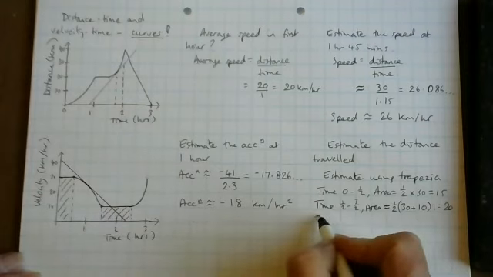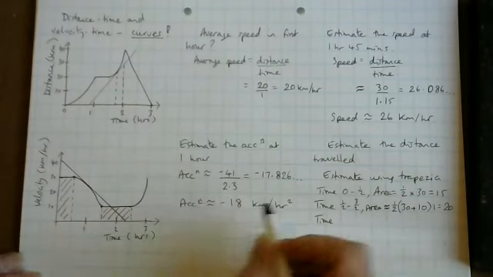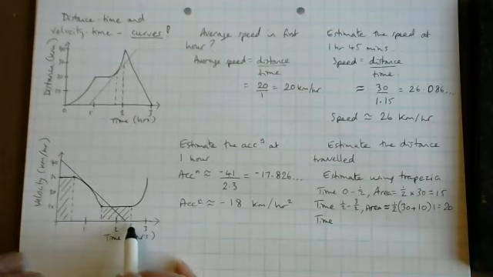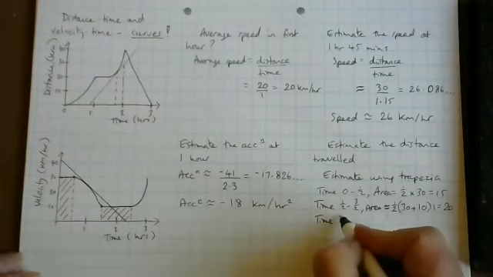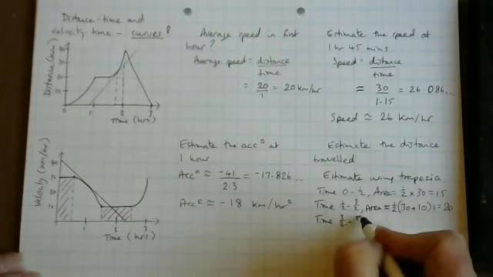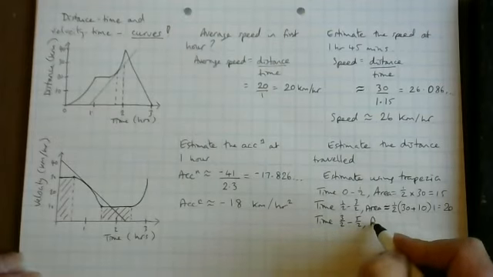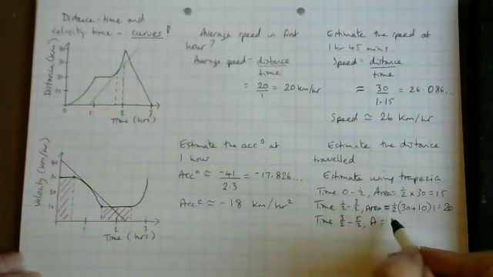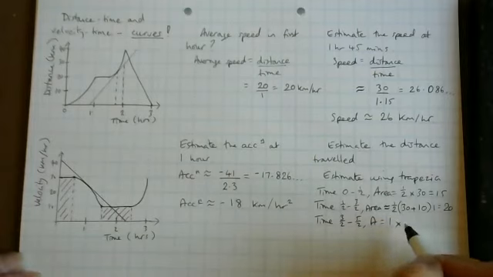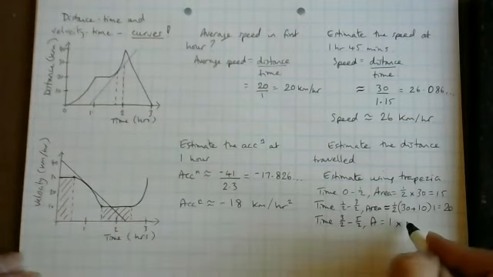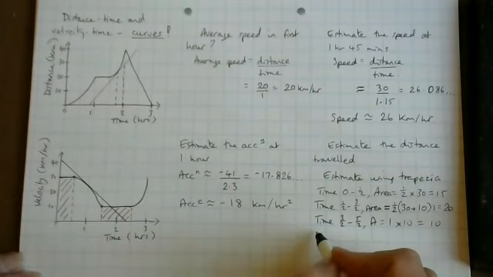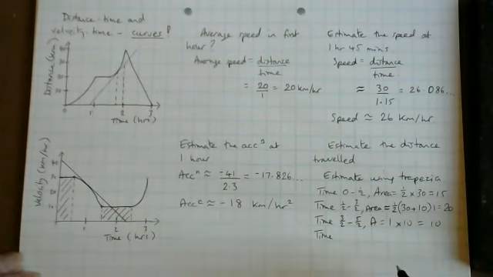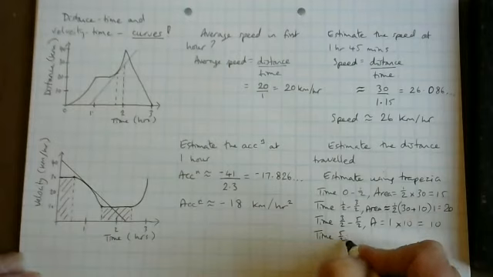And we've got time, 3/2 to 5/2. Area equals 1 times 10 equals 10. And then we've got time, 5/2 to 3.